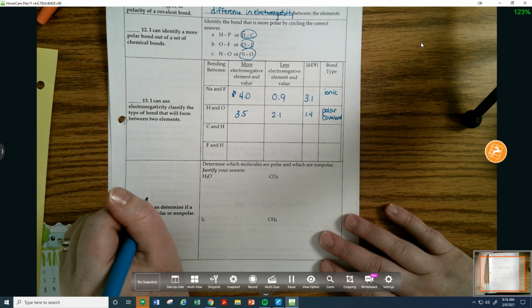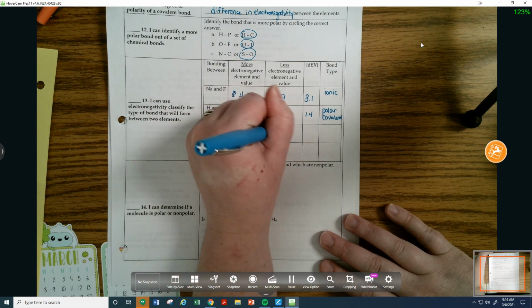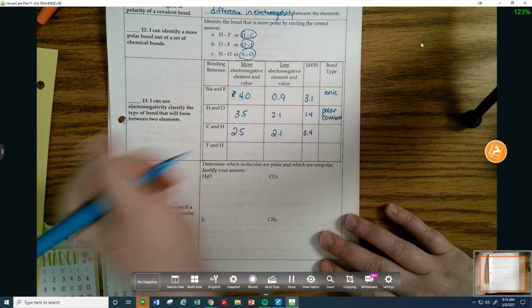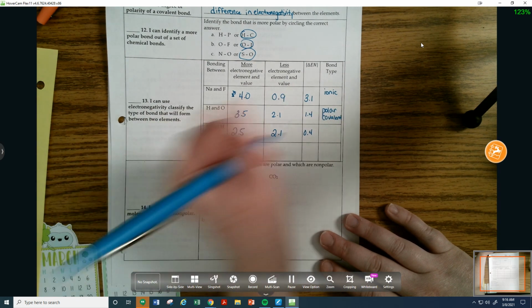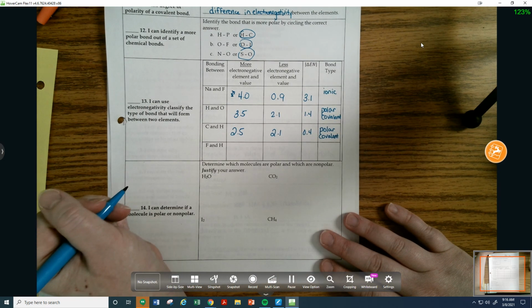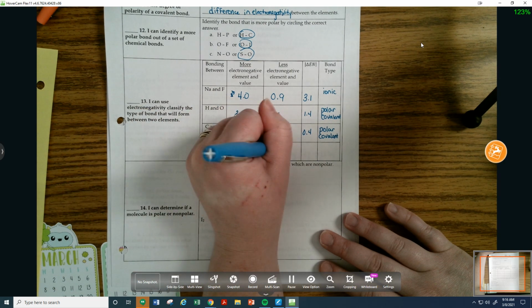C and H, carbon is 2.5. Hydrogen's 2.1. Difference there is 0.4, and we'll put that in the nonpolar range because of the greater than or equal to thing. I forgot about that. And it looks like F and H, fluorine will definitely be the greater of the two. H is 2.1.